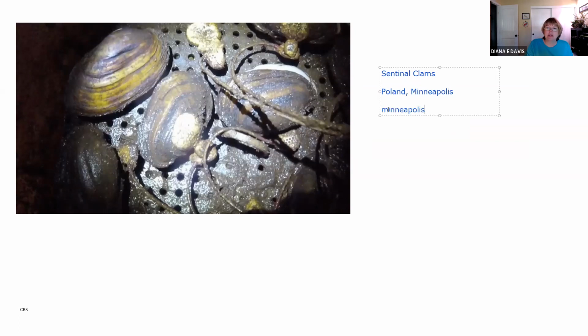Minneapolis has, last time I got the numbers, 12 mussels that get water from the Mississippi River flowing over them constantly.